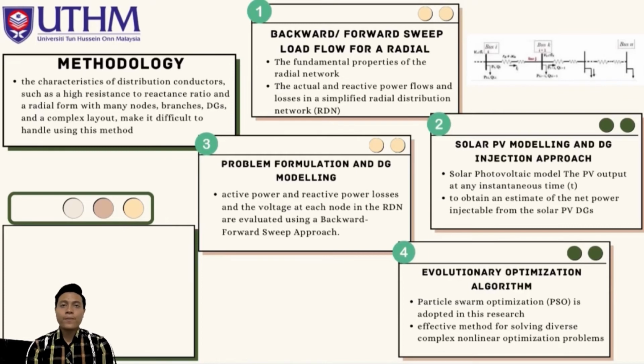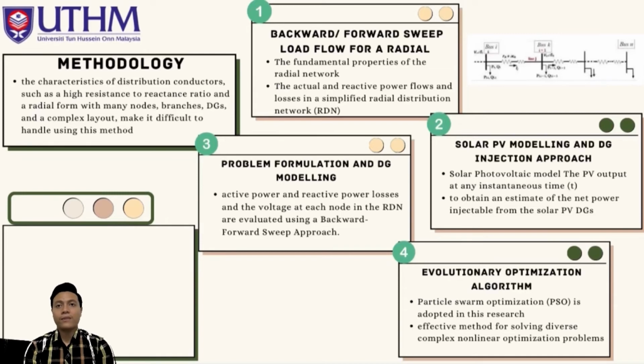For the second part, the solar PV modeling and DG injection approach. First, the solar photovoltaic model gives the PV output at any instantaneous time and obtains an estimate of the net power injectable from the solar PV DG. For the third, problem formulation and DG modeling.